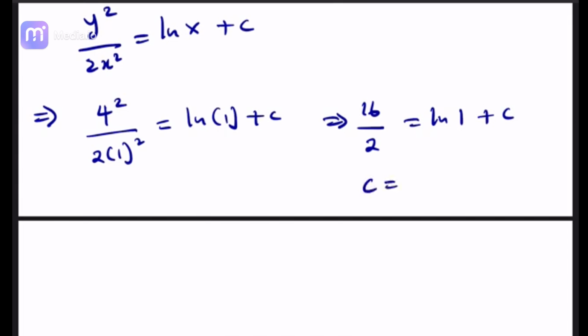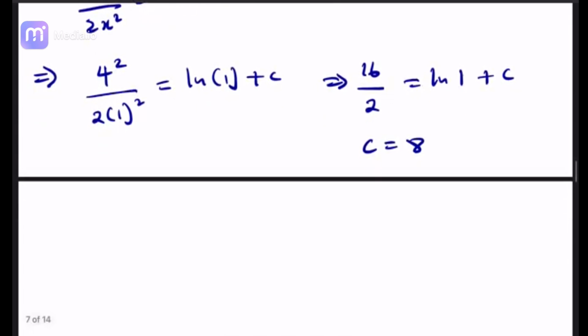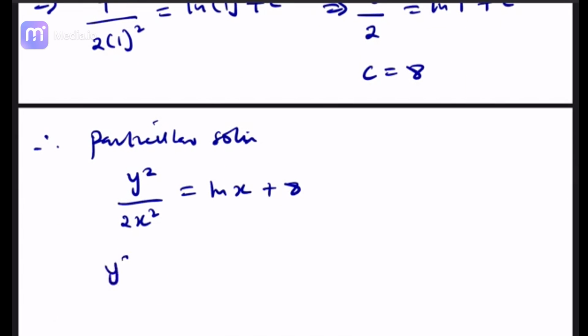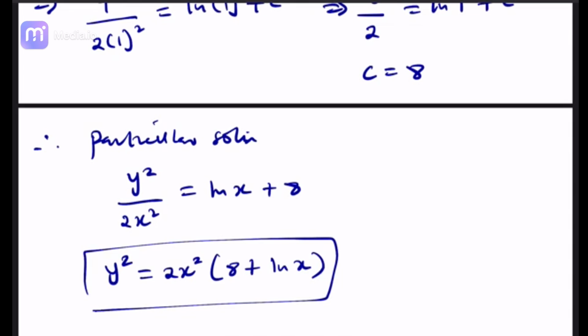From here, we have that c is equal to 8. Therefore, the particular solution is y squared over 2x squared is equal to ln x plus 8. Or we can simply rewrite this in terms of y: y squared is equal to 2x squared times (8 plus ln x). So this is the particular solution.